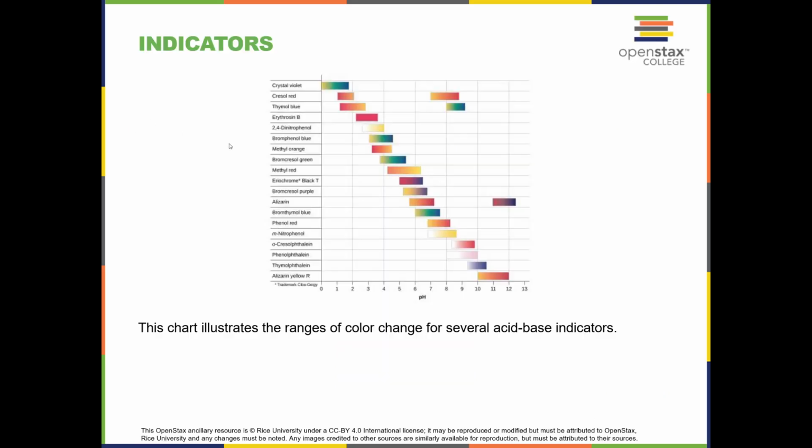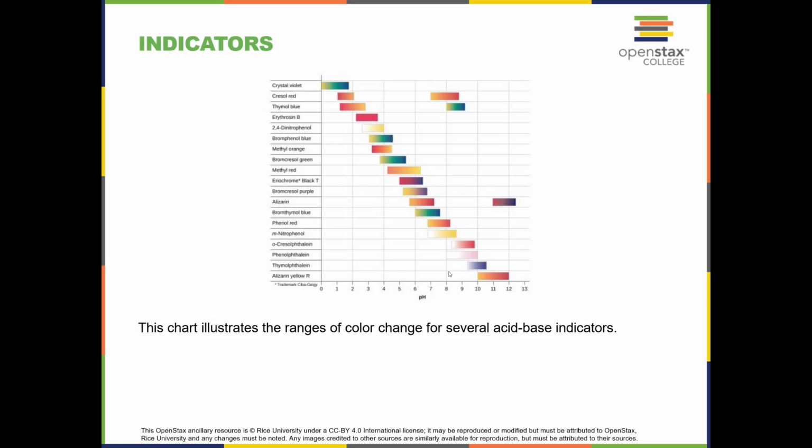Before we do that, though, I want to talk just for a second about indicators. The point of this chart is to show you that there are different indicators that work for different things. So, for example, methyl orange, which you can see here, works around a 3 to 4, 3 to 5 pH range, turning from a reddish color to an orange or a yellowish color within this range. One that you may have used before, phenolphthalein, turns pink somewhere around a little over 8, approaching 9, although here it looks like it's almost 9.